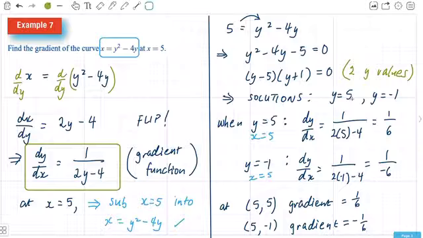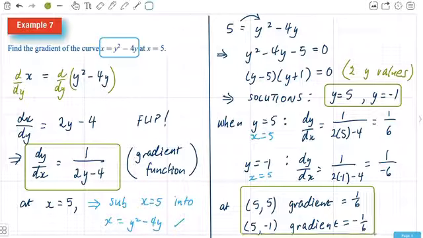Put both solutions, y equals 5 and y equals -1, into your gradient function to find the gradient, and you can then express the gradient at each of those points where x equals 5, with the two different y values, as either 1/6 or -1/6 in this case.